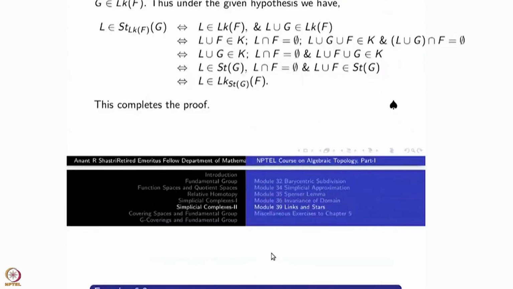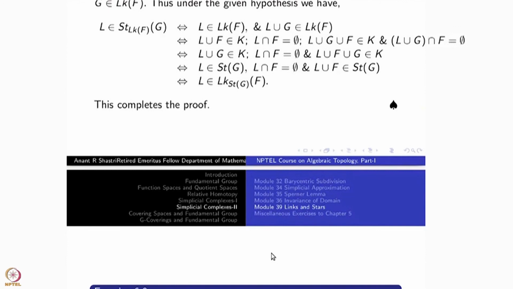This result was used by Munkres in deriving some result which algebraists were interested in. I am not able to state it here in this particular case. It is called Reisner's condition for a topological space to be a homology sphere. Munkres proved that such a condition is true for whatever the kind of things they assume.